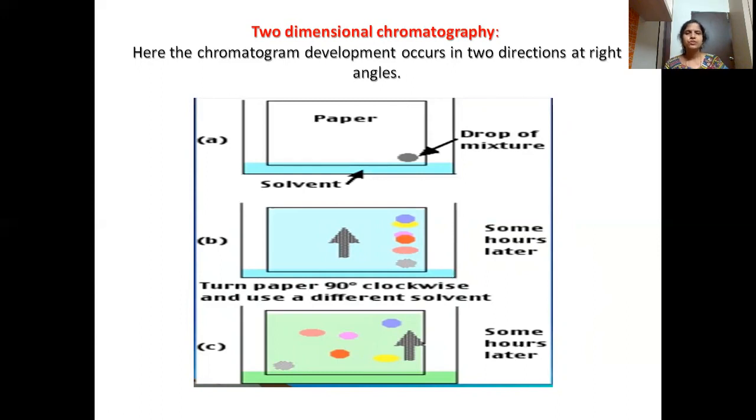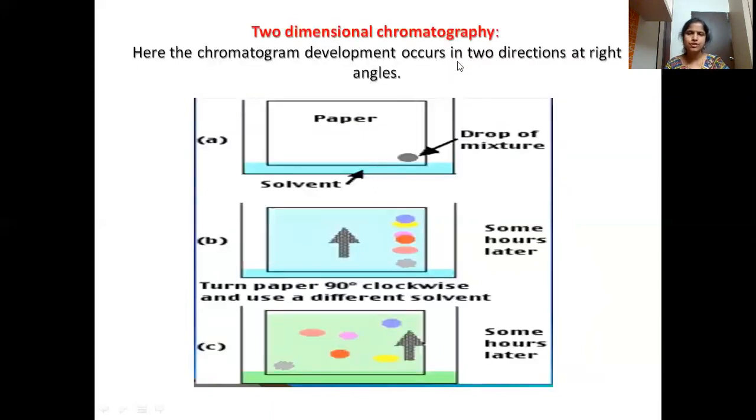It is where we first do ascending chromatography, then turn it to right angles, that is 90 degrees, and perform another ascending chromatography using another solvent. So the separation is very clear and neat. These are the four different techniques we have discussed: ascending, descending, radial, and the last one, two-dimensional chromatography.